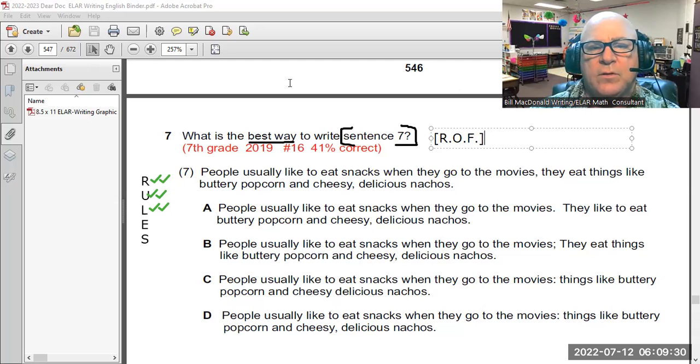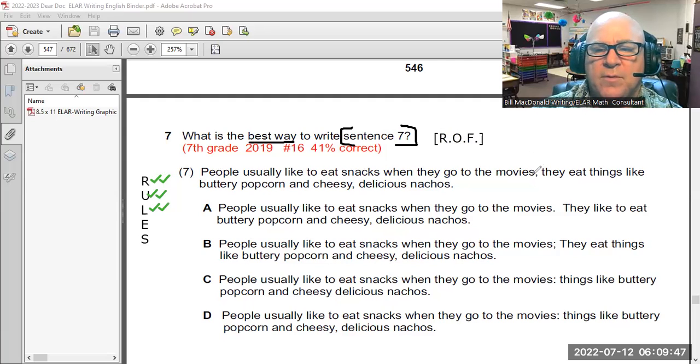So let's go ahead and draw. It says, capital, People usually like to eat snacks when they go to the movies, comma. People is our subject. The subject is plural. Like to eat is present tense.